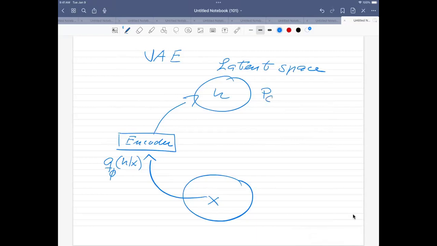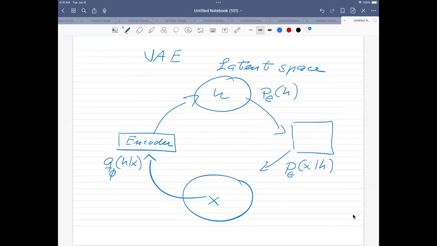Then we had a probability distribution here, which depends on the parameters theta to be trained. And this produces a so-called prior, which then is fed into the decoder. And that produces a new distribution, which is P of X, as a function of theta, given this latent space.